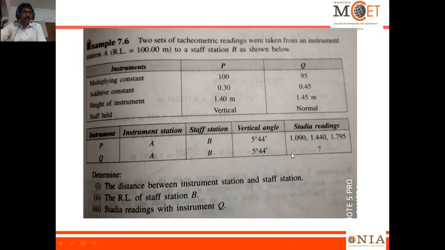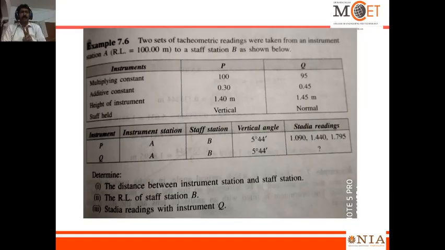What will be the reading? So this is the reverse process. Determine the distance between the instrument station and the staff station, the RL of the staff station B, and the stadia readings with instrument Q.